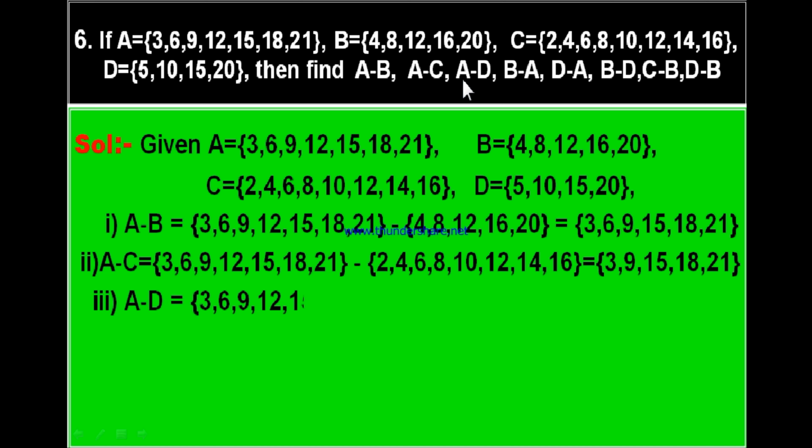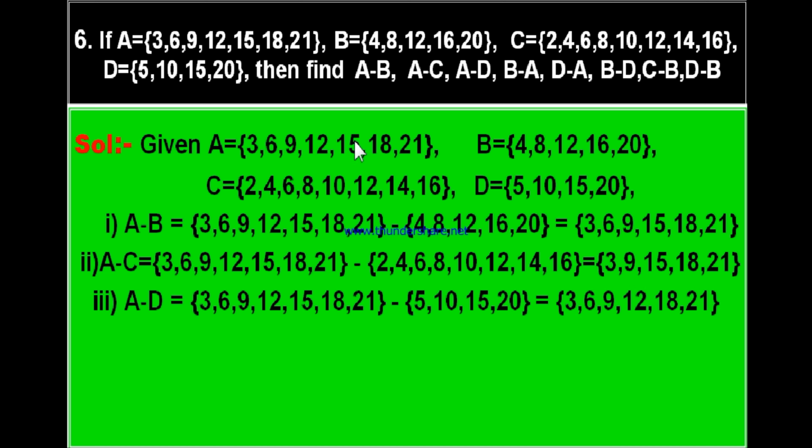Now third bit is A minus D. Write set A first, this is set A, minus set D, means set 5, 10, 15, 20.